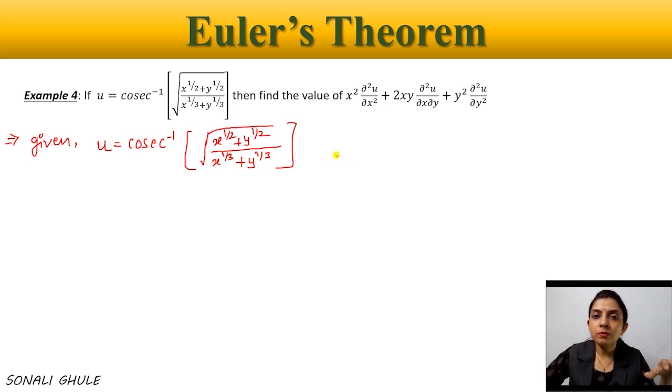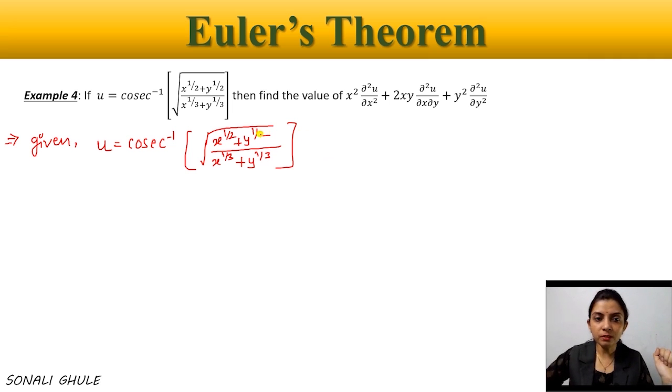Now, how to check whether a given function is homogeneous or not, I told you in previous examples. Here in this example, I am going to tell you a shortcut to check whether a given function is homogeneous and what is its degree, if it is homogeneous.